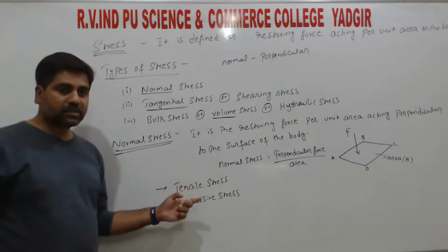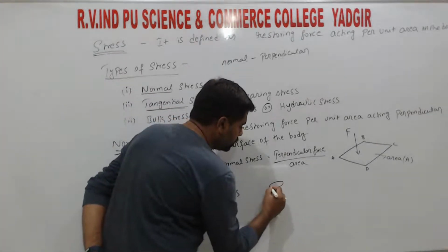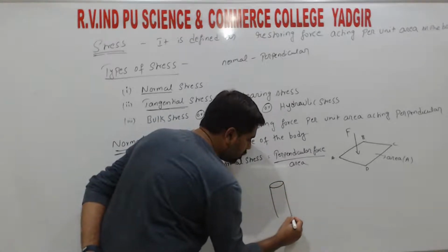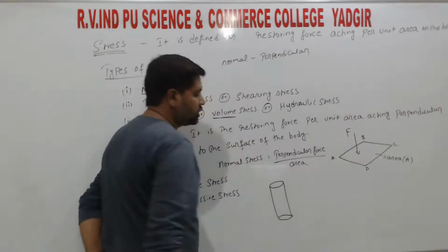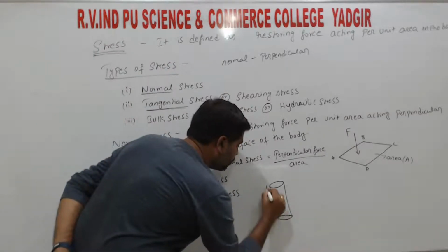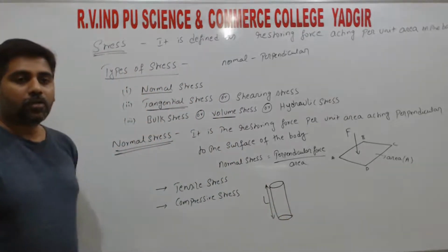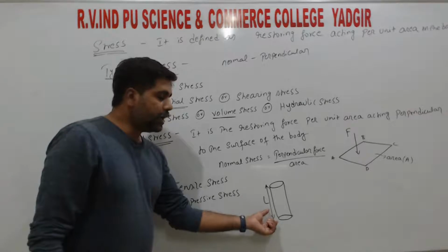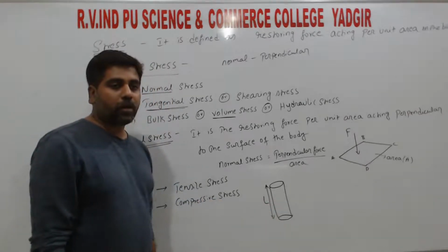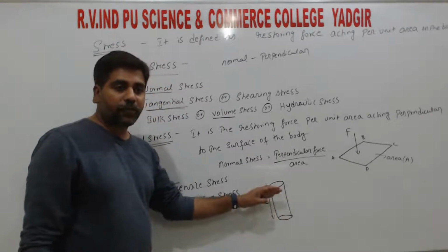So for tensile stress, consider one cylindrical rod. Let us consider it. It has the length L. Now I am applying two equal and opposite forces perpendicular to the circular surface area, right?